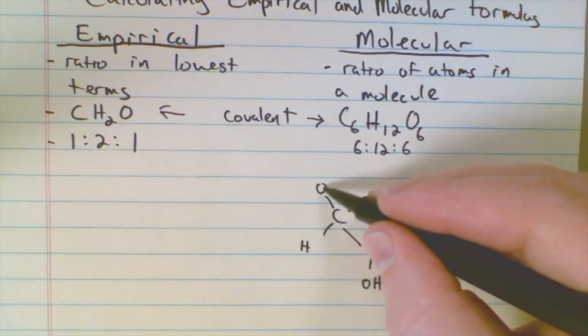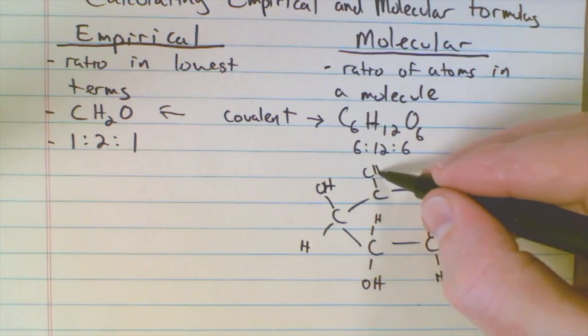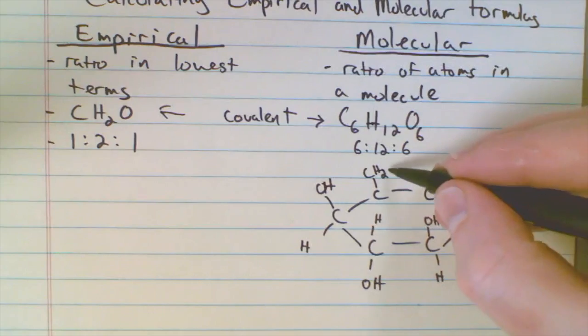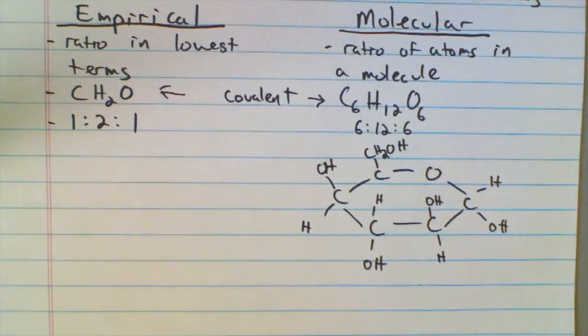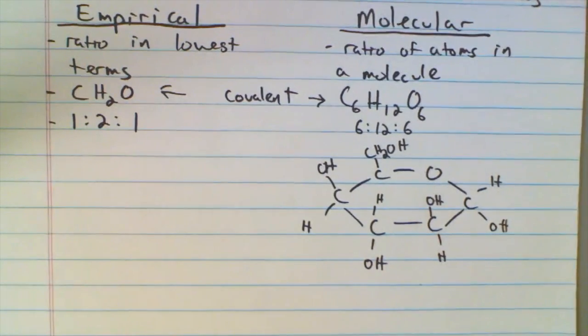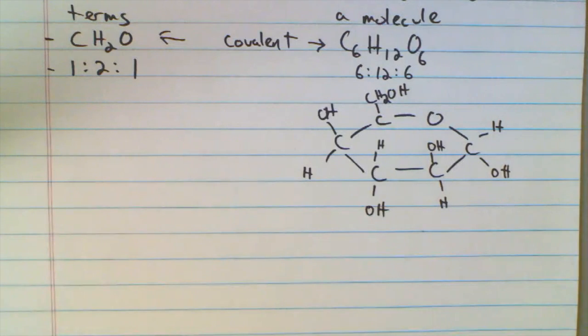Doesn't this look like a fun dot picture to draw? Okay, so that's what glucose looks like. It's a ring with a bunch of carbons around it. Anyway, it gives a little more of a story.